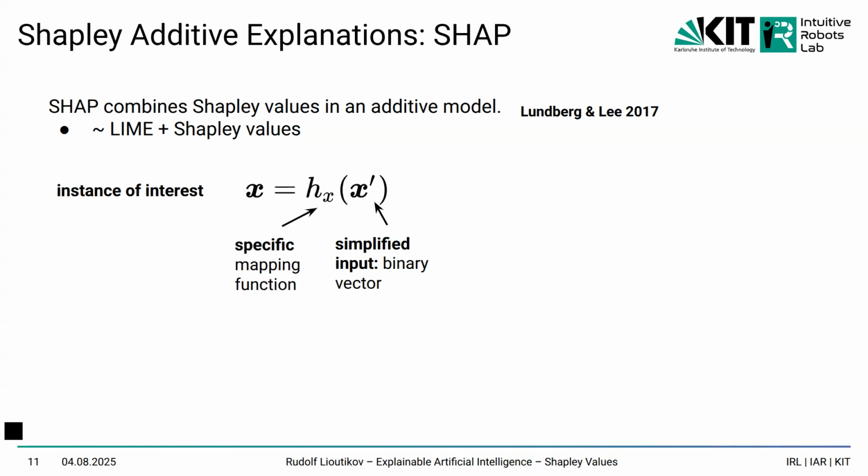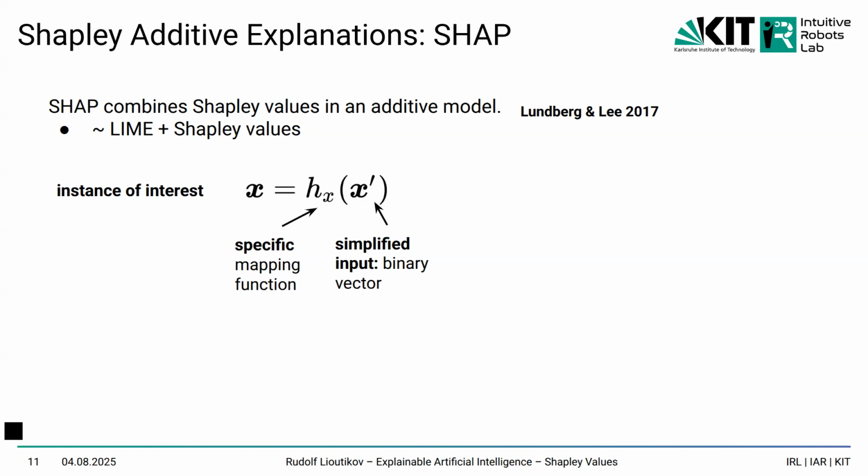So what I can do now, if I want to represent this as a binary simplified vector, I need to learn a mapping. So this will be, for instance, x dash, and this will be x.